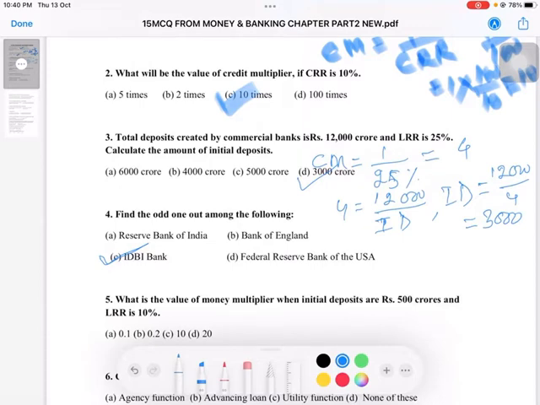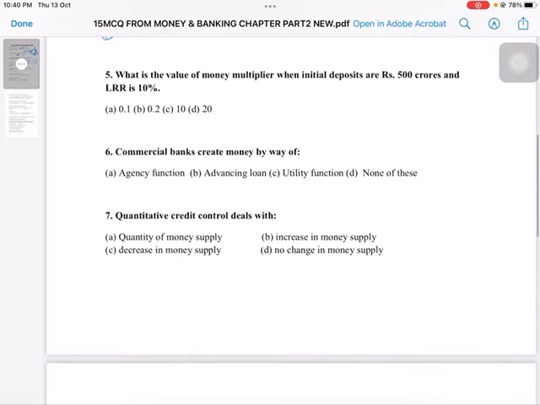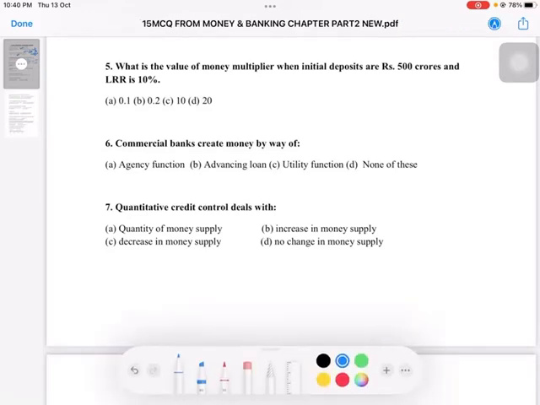Next is your question number 5. What is the value of money multiplier when initial deposit is 500 crore and LRR is 10%? Options are 0.1, 0.2, 10 and last one is 20.